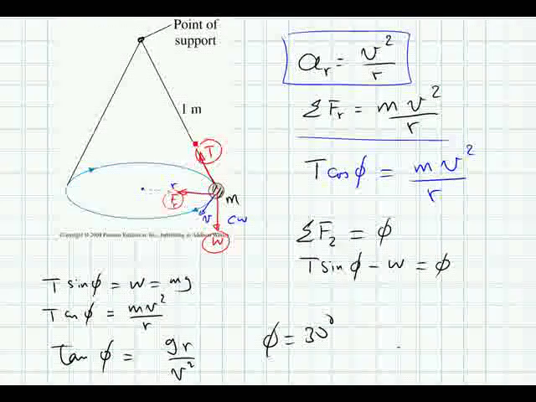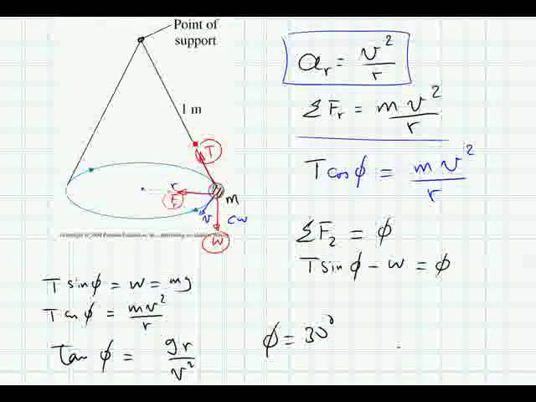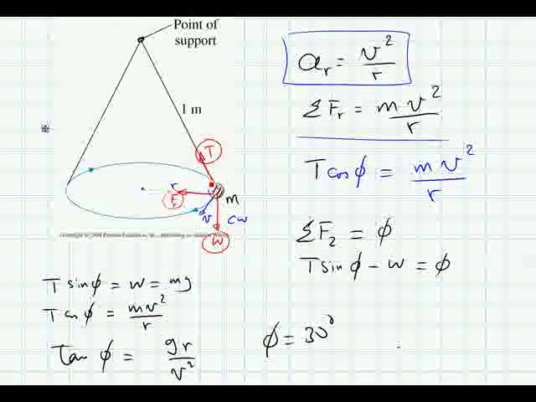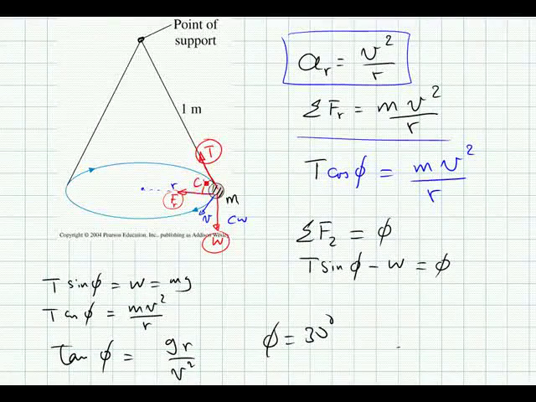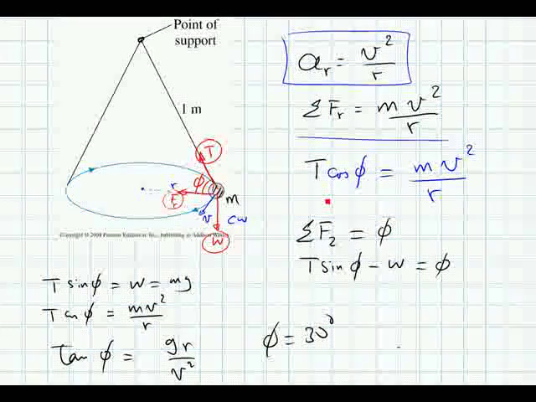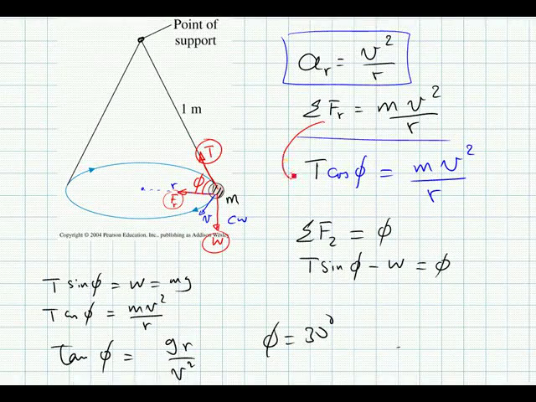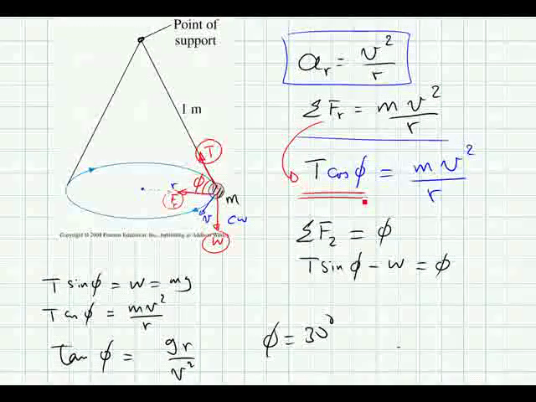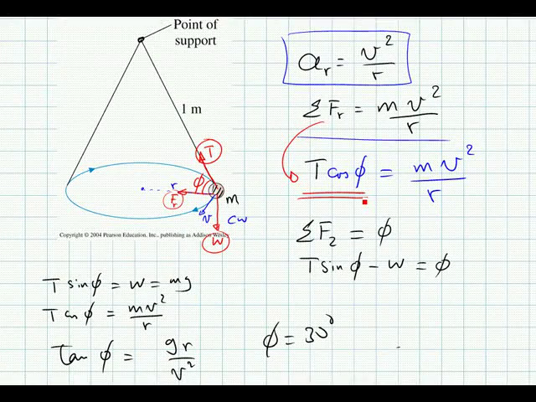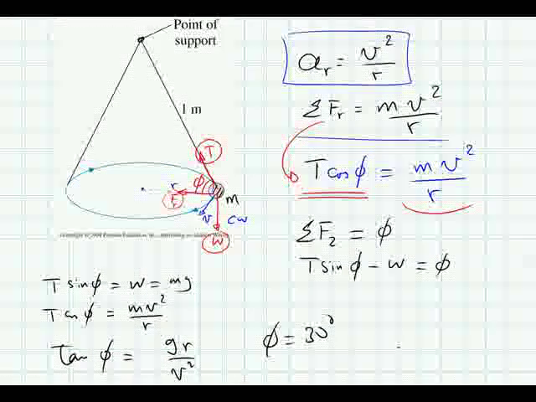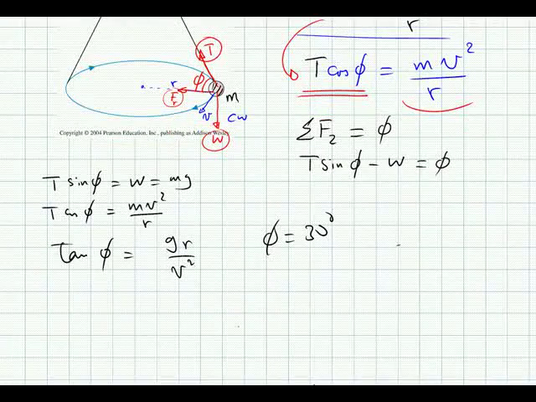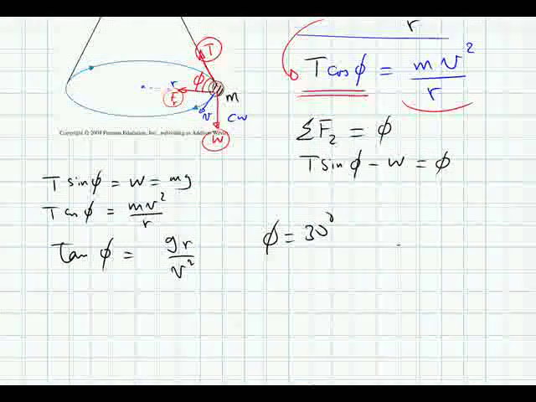So the tension is the only force that has a component in the radial direction. If this angle were phi, then the net force along the radial direction is simply tension cosine phi, and that's equal to mv squared over r. And from there you can go about solving a problem like this.